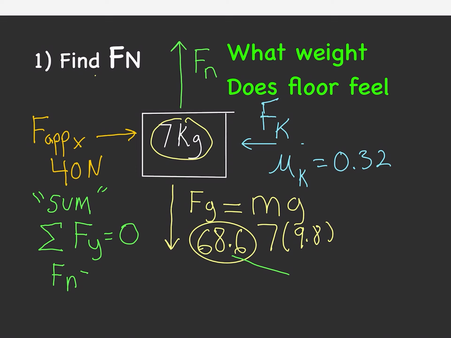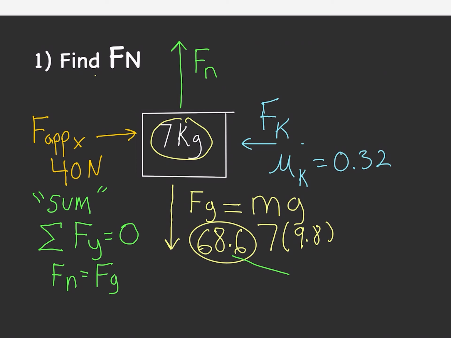So the normal force has to equal the force of gravity. One's negative, one's positive, but we can ignore that in these diagrams. So the normal force is equal to the force of gravity, 68.6, but upward.